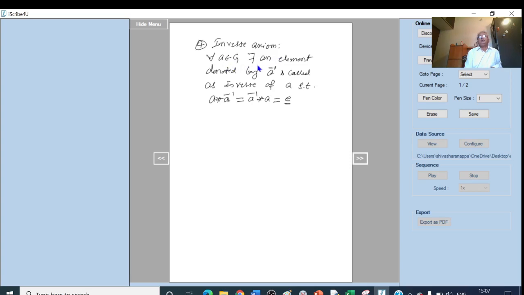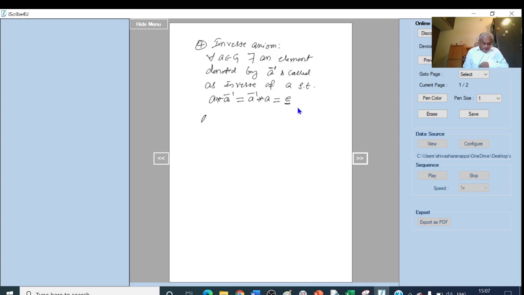That is, for all A belonging to G, there exists an element, and we denote that element by A to the power of minus 1. We call this A to the power of minus 1 the inverse of A, and it is such that A star A inverse equals A inverse star A equals E. If these 4 axioms are satisfied, then we say that G is a group.